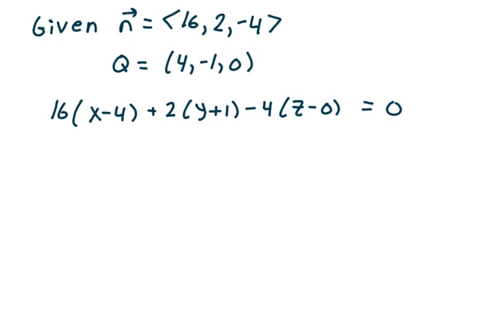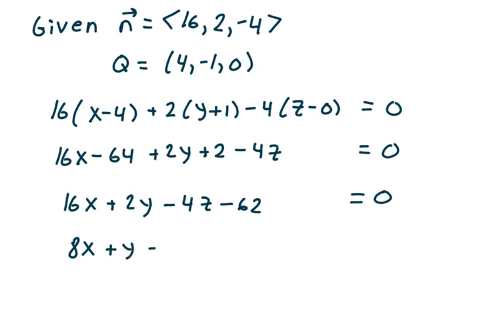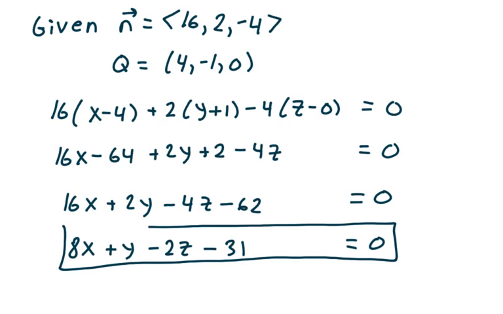From here we get 16x minus 64 plus 2y plus 2 minus 4z equals 0. And then we can write 16x plus 2y minus 4z minus 62 equals 0. And you're not done, because I can divide everything by 2. When I do, I get 8x plus y minus 2z minus 31 equals 0. Getting down to this bottom line would be the most simplified form.